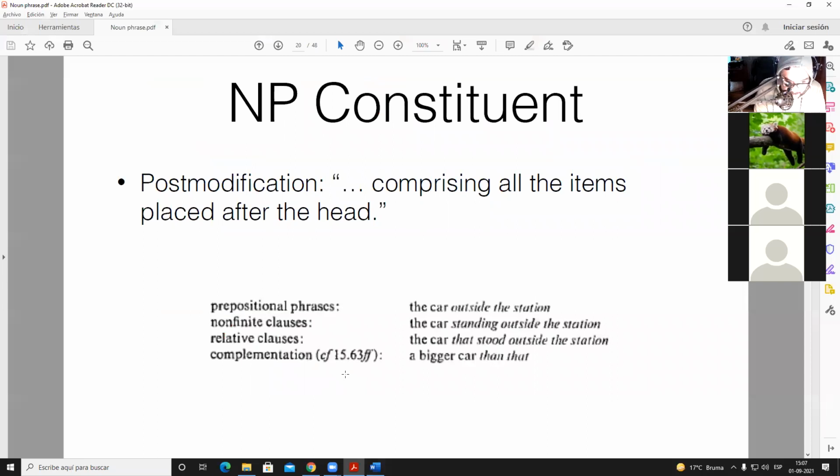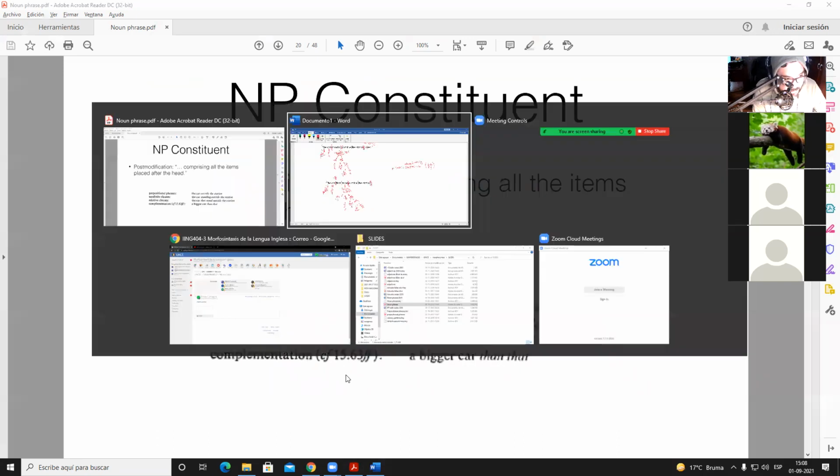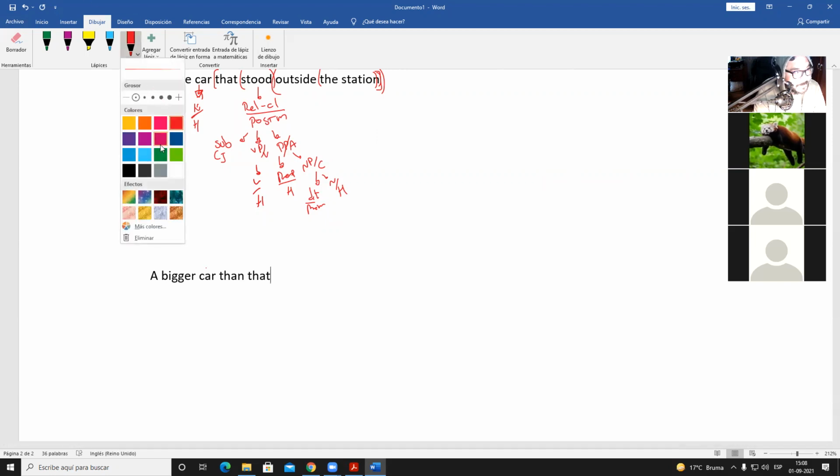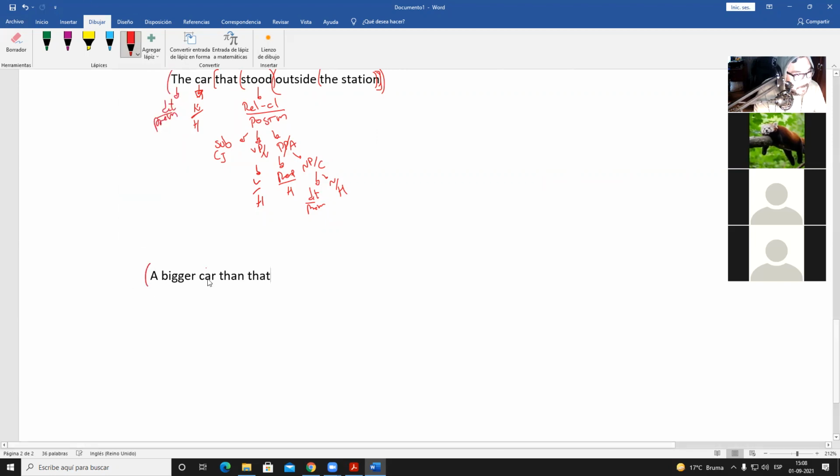Then we have complementation, a bigger card than that. And as you can see in that place, we aren't seeing anything new, right? A bigger card than that. I'm gonna show you why. A bigger card than that is a noun phrase, right?